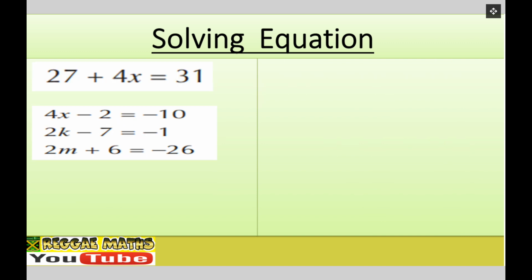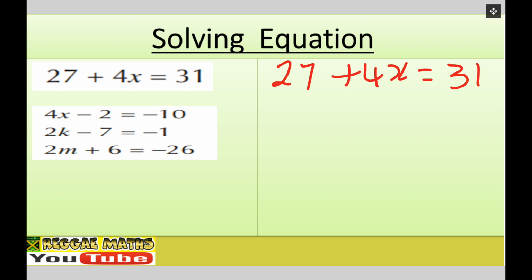Okay, the reason for this question here is basically you notice there is 27 and you have 4x minus 3, right? So this one I'm going to do first. So you have 27 plus 4x equals 31.